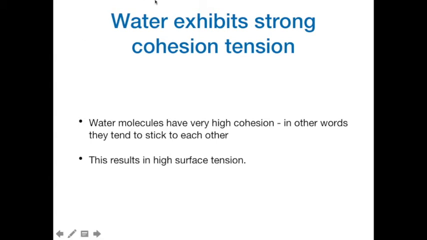Now, high cohesion results in high surface tension. What does that mean? It means that tiny legs can walk on the water, because the force they exert on the water is less than the force between the hydrogen bonds.